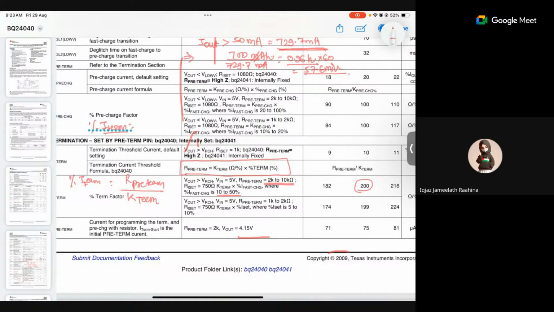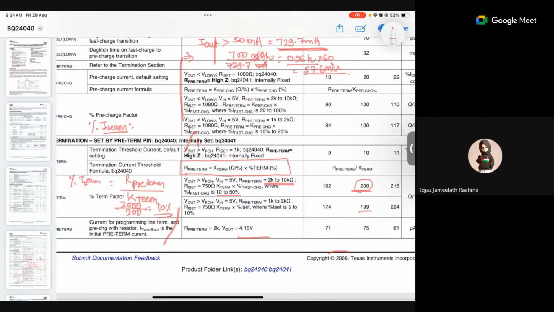If my value is from 1 to 2K, that means lower than 2K, we use this value, and for 2K and more than 2K, we use this value. So what is K pre-term? 200. What is R pre-term? That is in the question. If you see the diagram, R preterm resistance connected with the preterm terminal is 2000, or 2K. So that is 10%.